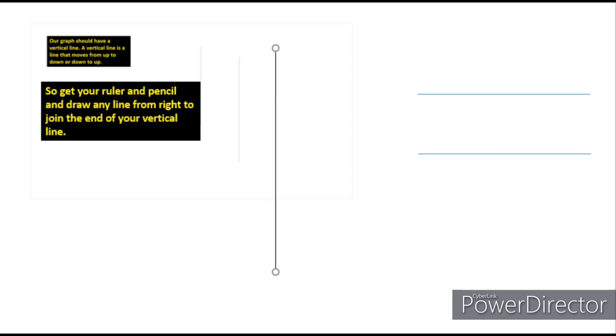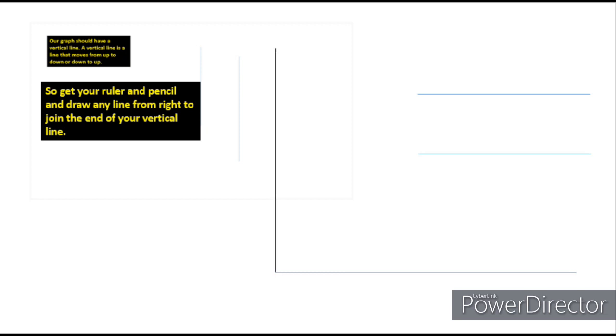So that is what we are going to do. You get your ruler, make sure it is straight, then you draw your line to meet. Okay, mine didn't meet, but I can shift it a little bit upwards. So this is my horizontal line, this is my vertical line.